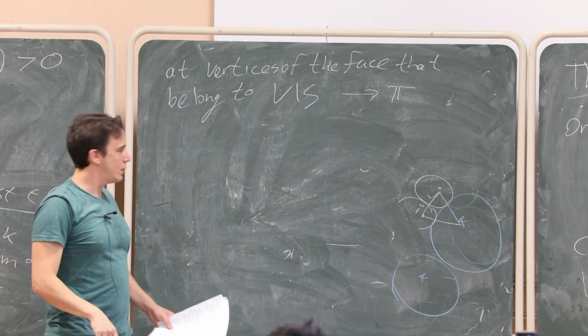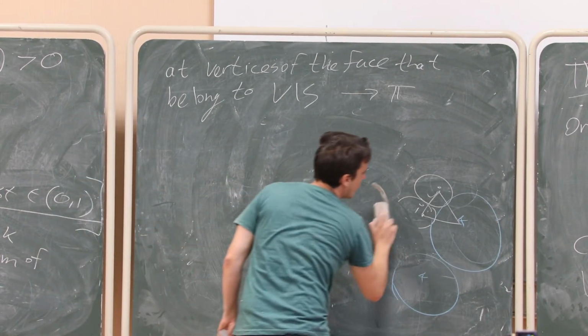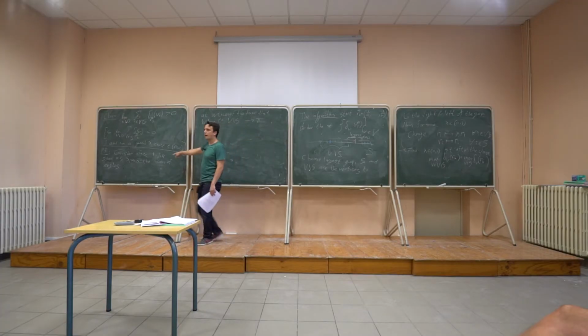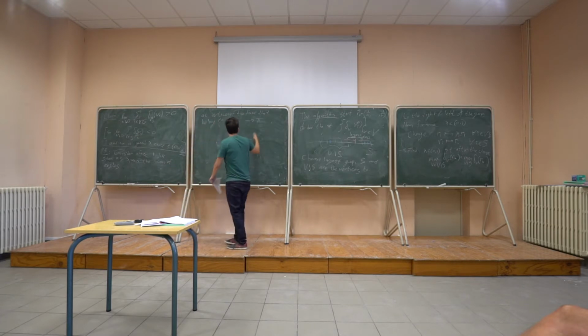Let's just see why this is true. If ijk doesn't have any vertex that belongs to V minus S, then there's nothing to say. If all of them belong to V minus S, then for any lambda, the sum is exactly pi. So obviously, the limit will be pi.